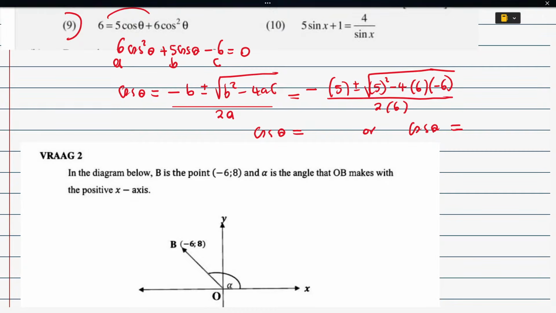I want you to confirm. If you are getting it, take your calculators and press what is cos theta. You are going to get two values of cos theta.